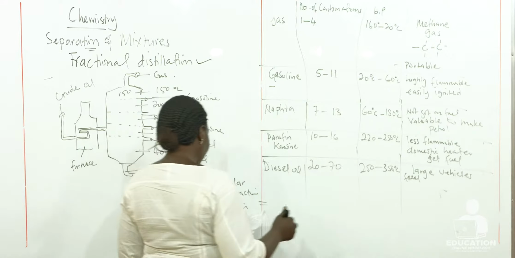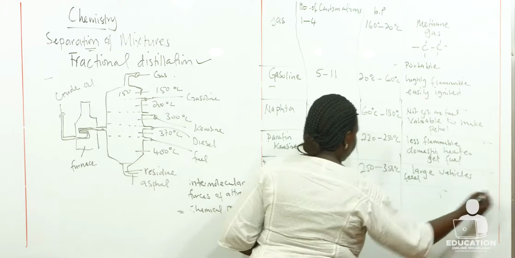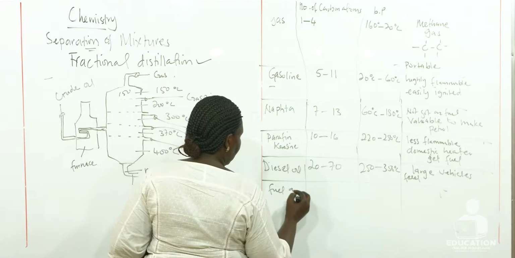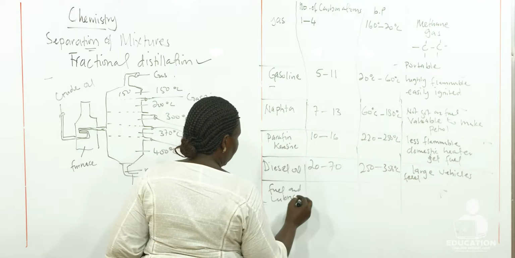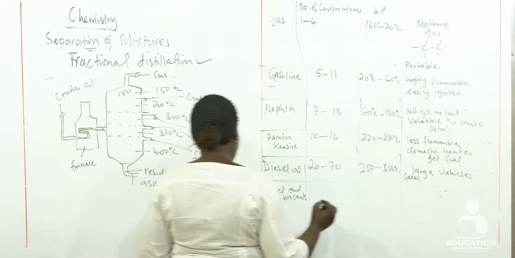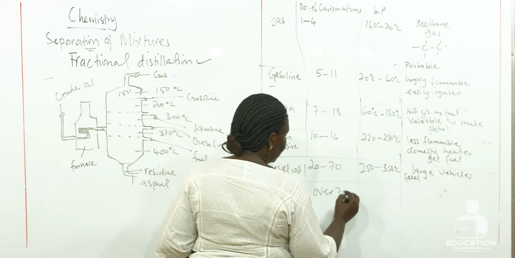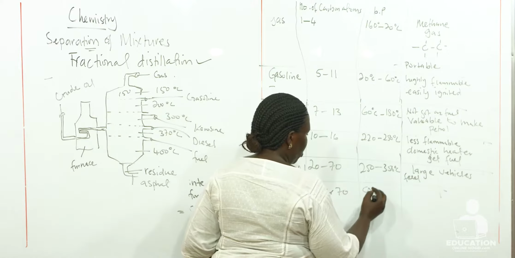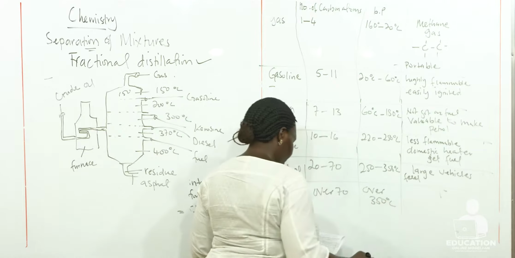Then we have fuel and lubricating oils, or sometimes they are called lubricants. This one has over 70 carbon atoms, and the temperature range is over 350 degrees Celsius.